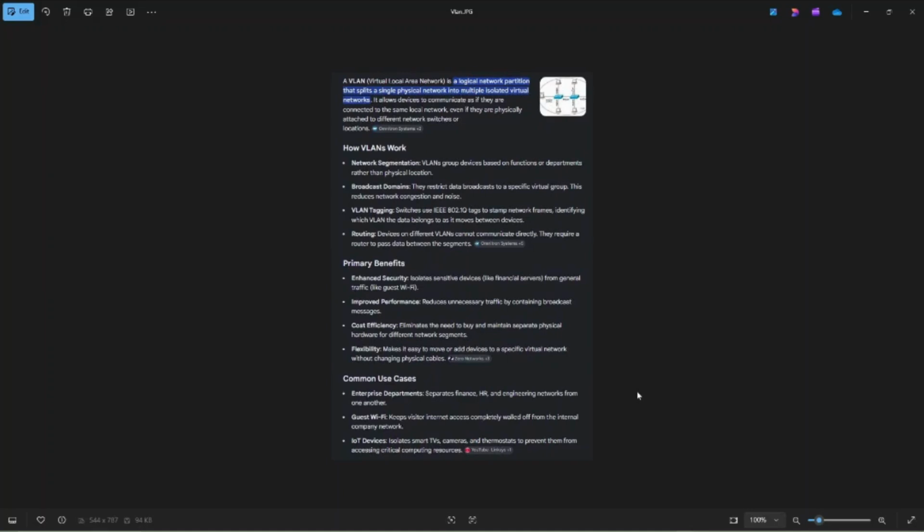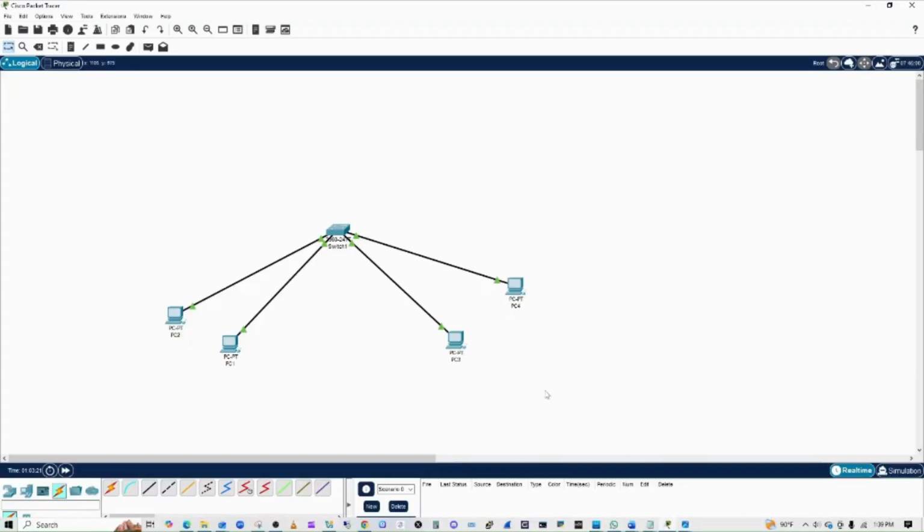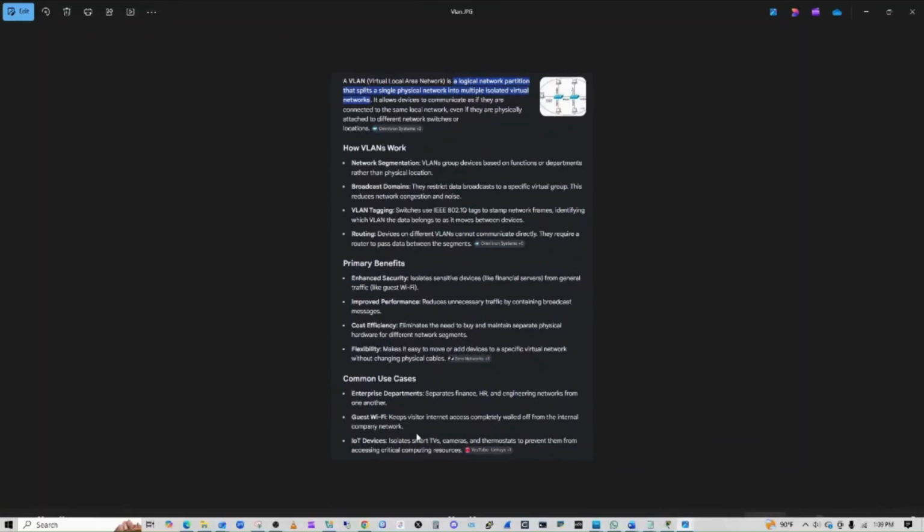Like if you say this is the financial department and this is the accounting or maybe IT department or the sales department, the users here on PC1 and PC2 will not be able to access information or talk to this PC in the financial department. That will be a good security benefit.